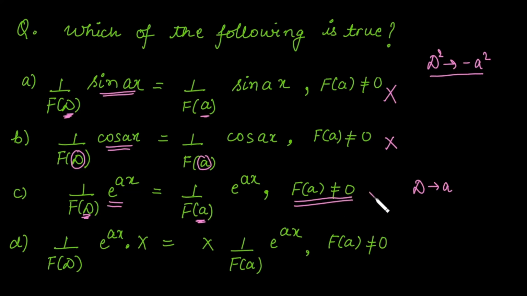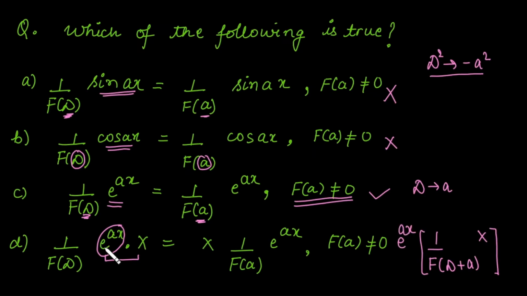So this option is clearly the correct one. Let's check whether D is correct or not. Whenever we have exponential into a function of x, we first operate on the exponential, and the operator becomes D plus a, which is going to operate on x, and we take the exponential outside.